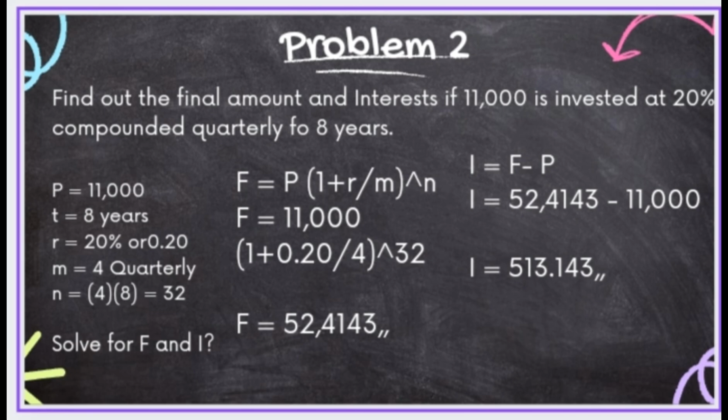So let's solve for F, which is the maturity value, and I, which is the compound interest.